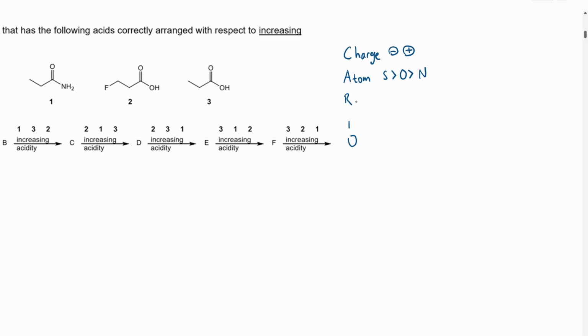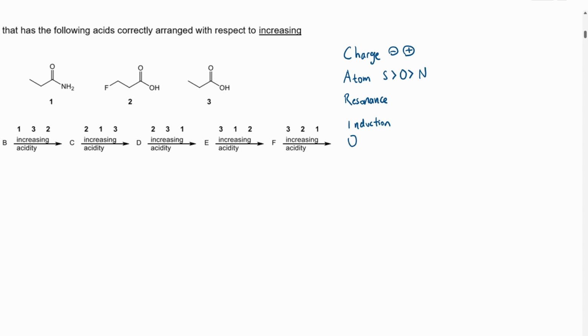R stands for resonance. If there are more resonance structures, it's going to be more acidic. I stands for induction. Induction means that on the side of the molecule, there's usually a halogen atom.